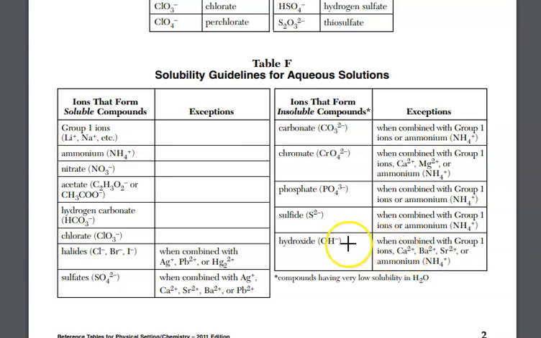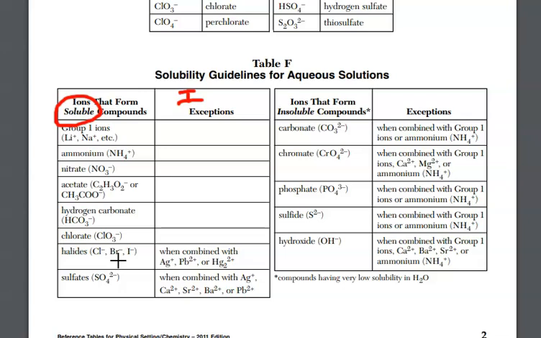And I see it here with hydroxide. I go to bromide, Br minus. Start the same process, starting with the first column. Oh, here's Br minus. It is a soluble compound. However, there are exceptions, and those exceptions make compounds that are insoluble in water. Well, guess what? Calcium is not here. In other words, it is a soluble compound, calcium bromide. So I'm just going to write soluble on my test.